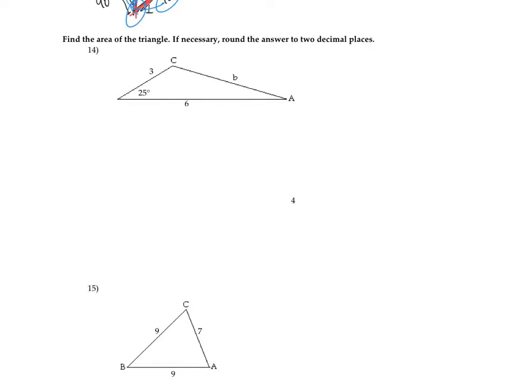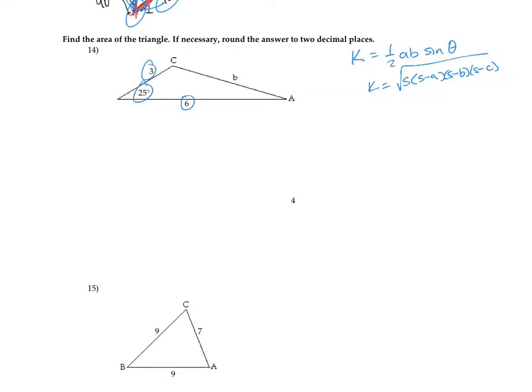All right, areas of triangle. There's two formulas that you've got to know to find the area of a triangle. K can either be 1/2 ab sine of the angle between the two, or you can use the semi-perimeter formula, which is the square root of s times s minus a, s minus b, s minus c, where s is the semi-perimeter. Take the square root of that product. So this one, easy peasy.